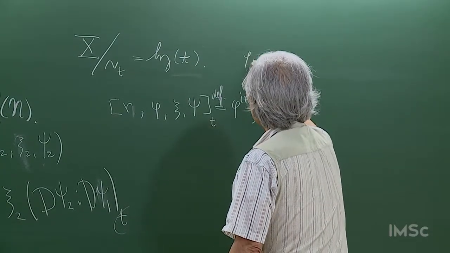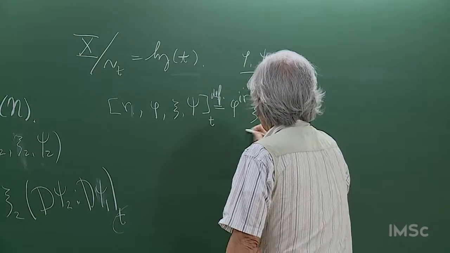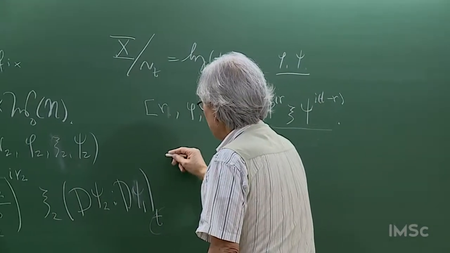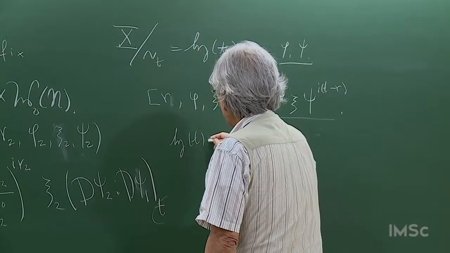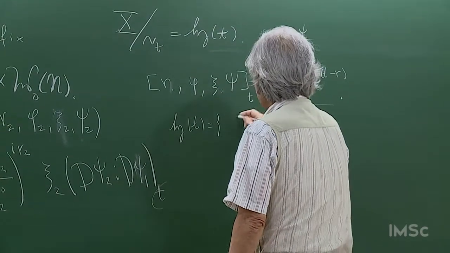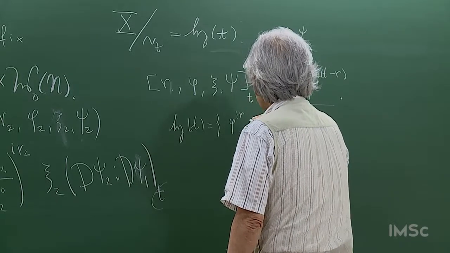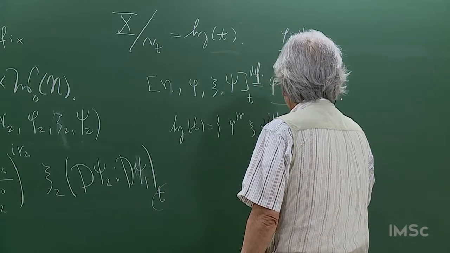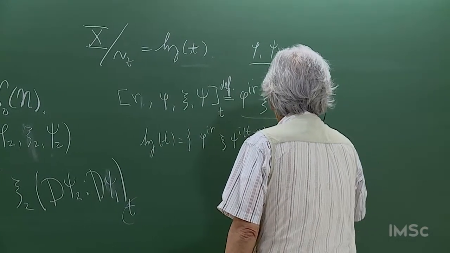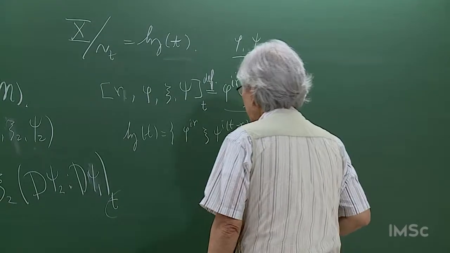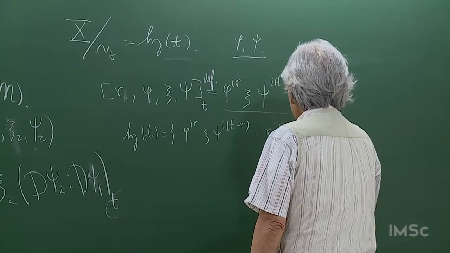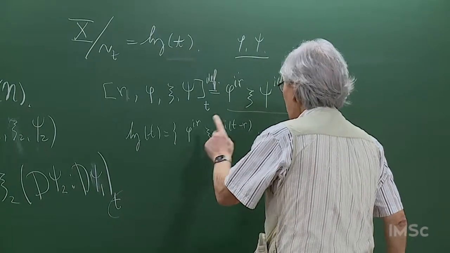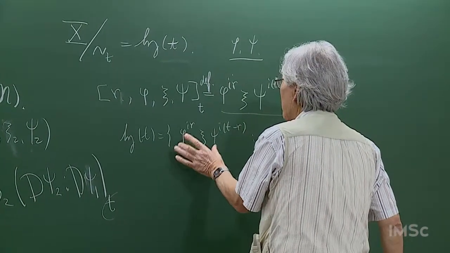So if you fix phi and psi, you have this expression. That's the ingredient. So H of T is the set of all those phi IR, psi I(T minus R), where R is in the real line, and psi in the Hilbert space, and it doesn't matter which phi you choose.